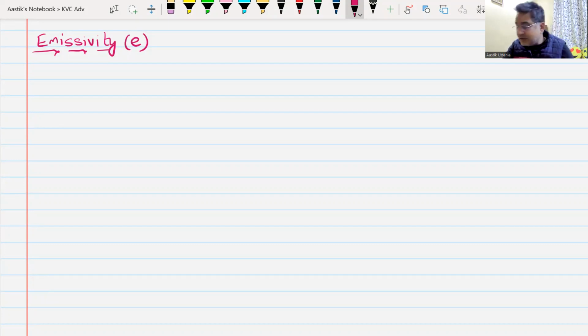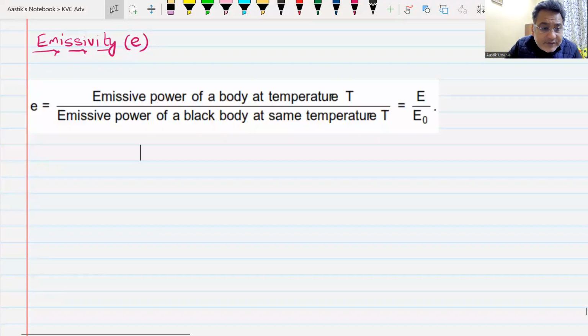And what is emissivity? It's a ratio. Emissivity of a body is the ratio between the emissive power of a given body at a given temperature divided by the emissive power of a black body at the same temperature.